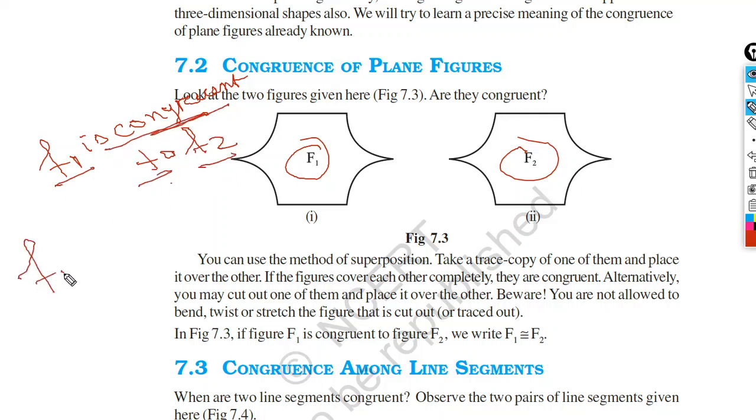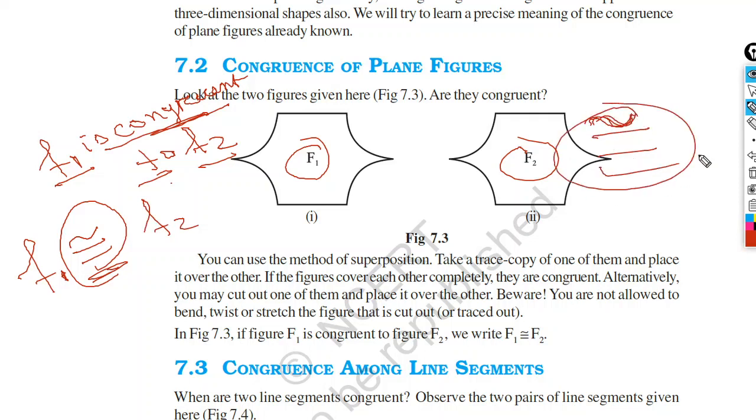F1, equal to sign and just a bent line like this. So this is called the symbol of congruent. F1 congruent F2. This is the symbol of congruency.